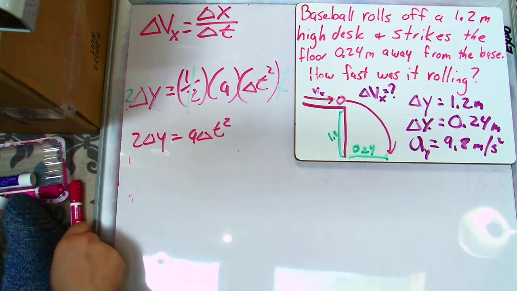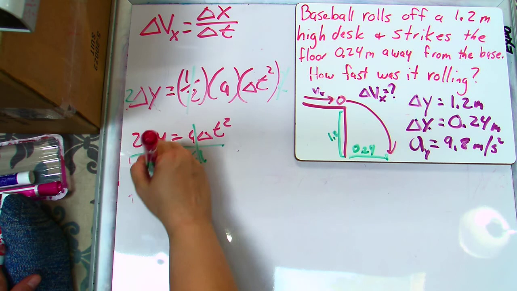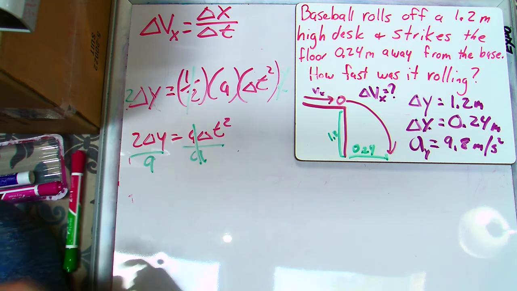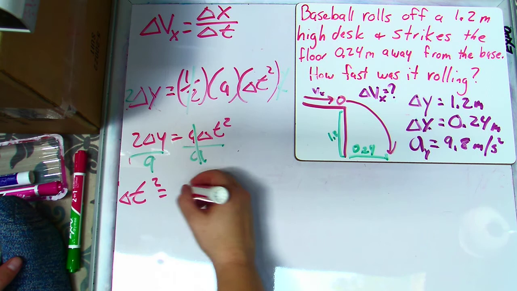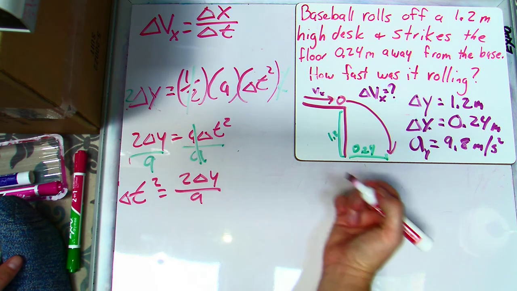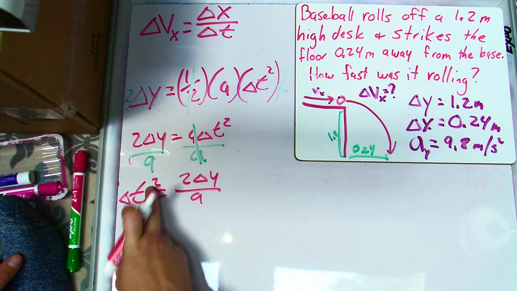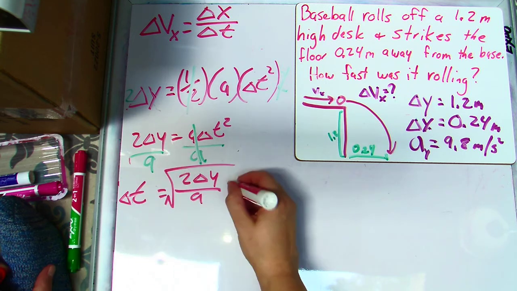I can divide both sides by a, cancel that out, and we're left with t squared equals 2 delta y over a. And since I don't want that squared, square root that. Well, this I can answer.